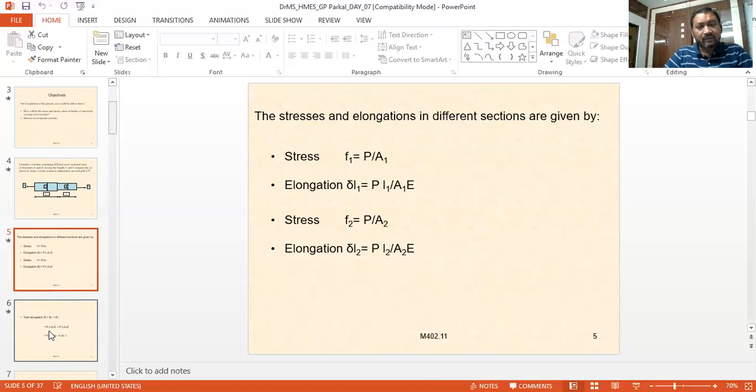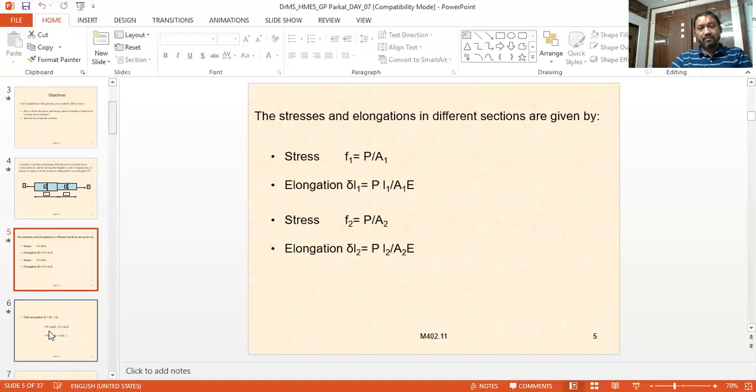So we know the formula for the stress. Stress is equal to P by A. But here the bar is subjected to the same pull force P newtons.